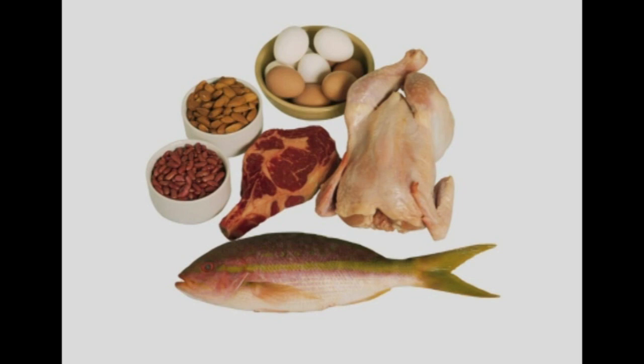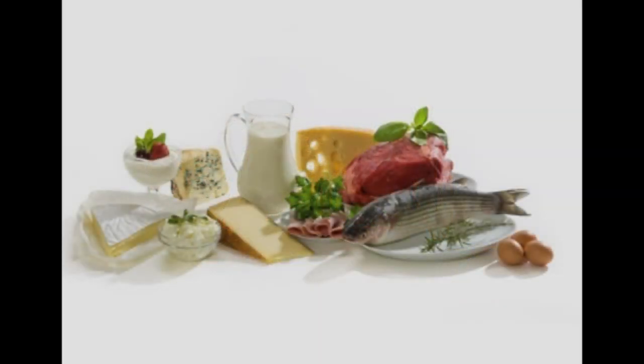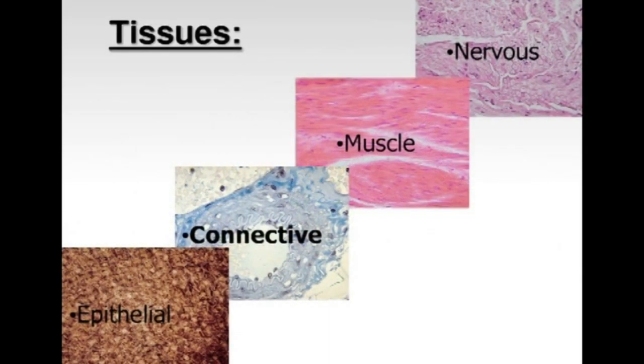The second nutrient is proteins. As we all know, they are the main source of building material for the body. They play a very important role in building new cells and tissues in our body. Not only that, they also help to repair worn out tissues.